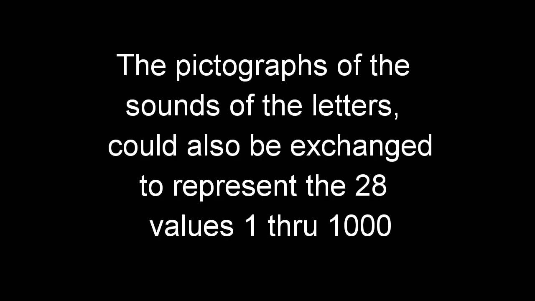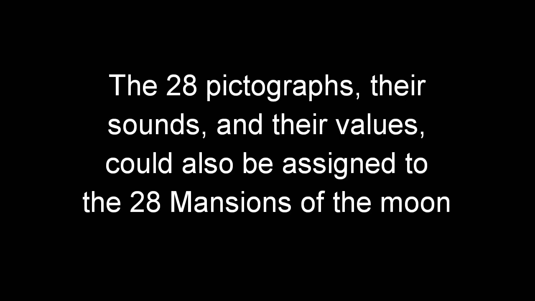The pictographs of the sounds of the letters could also be exchanged to represent the 28 values, 1 through 1000. The 28 pictographs, their sounds, and their values, could also be assigned to the 28 mansions of the moon. This, I believe, also shows intelligent design, using the number 28 as a prime design number.